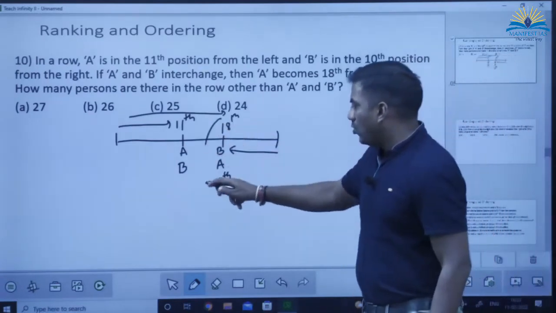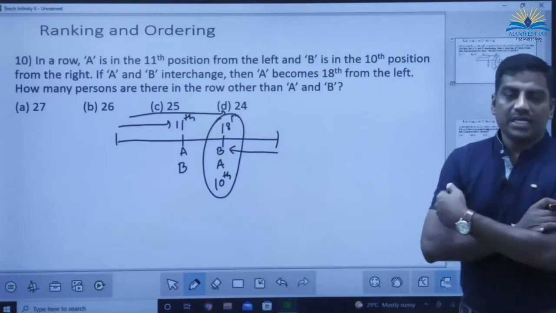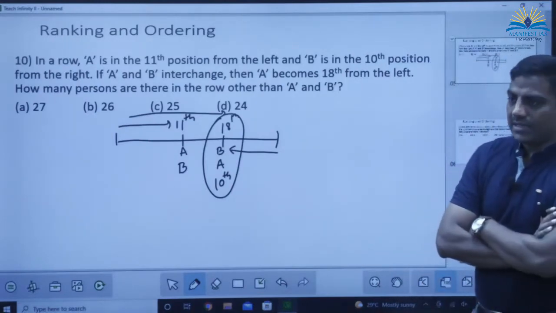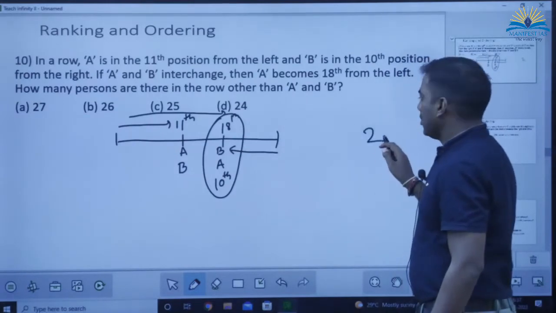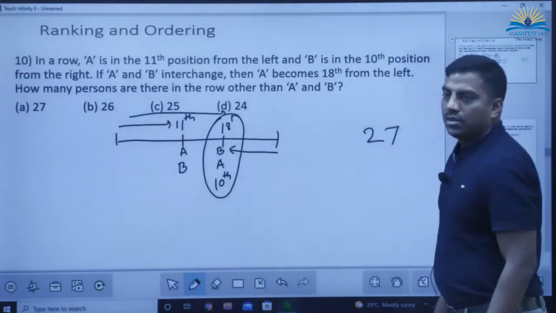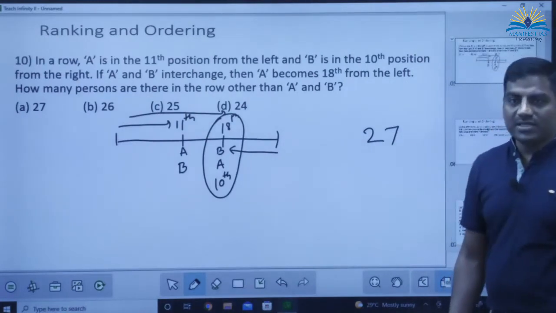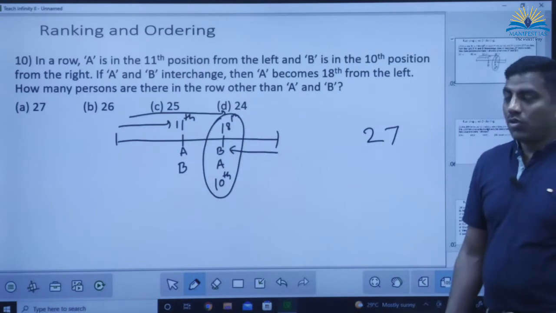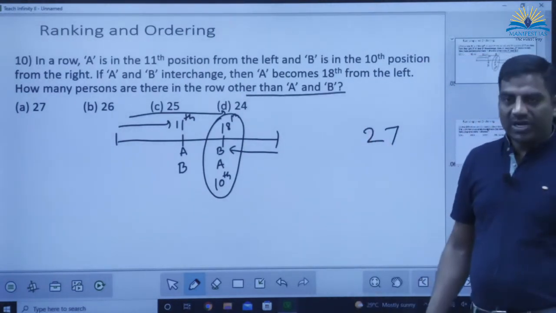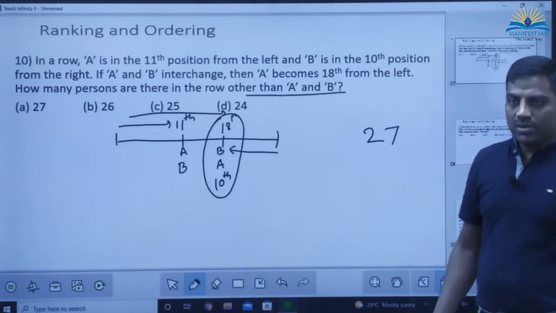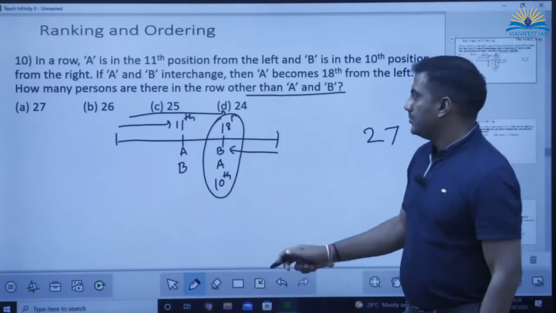This position now is 18th from left and 10th from right. So total number of persons is 27. But is that the required thing? What they are asking? Other than A and B, 25. You leave out A and B, you get 25.